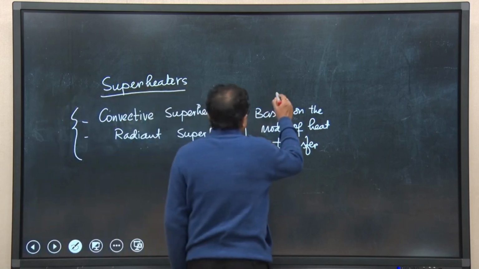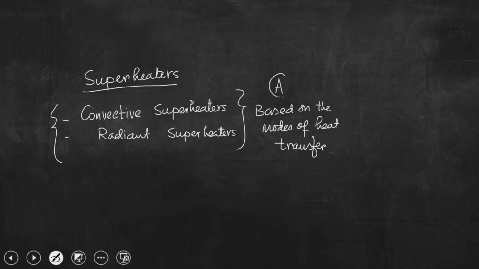Let us say this is A. One is called counter flow type and number 2 is parallel flow type.